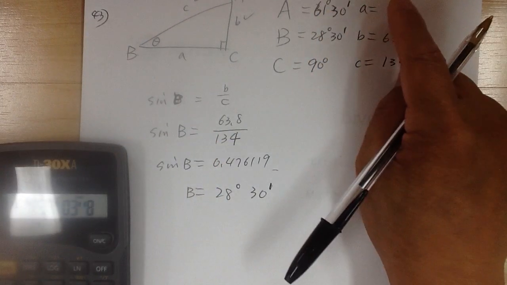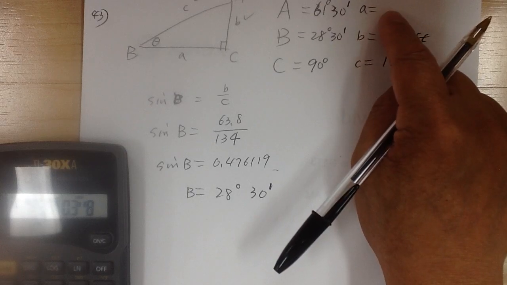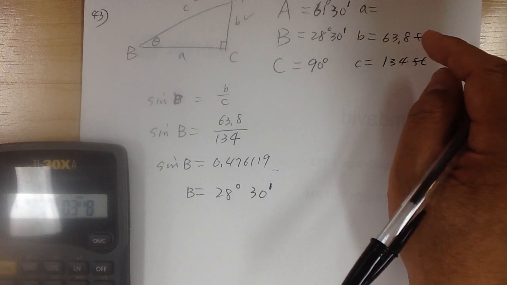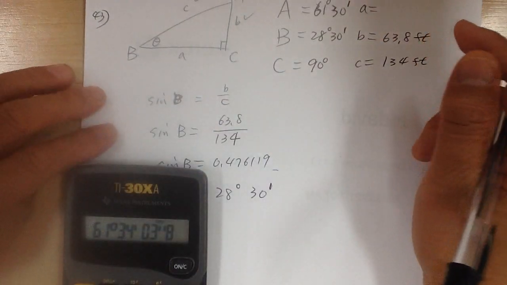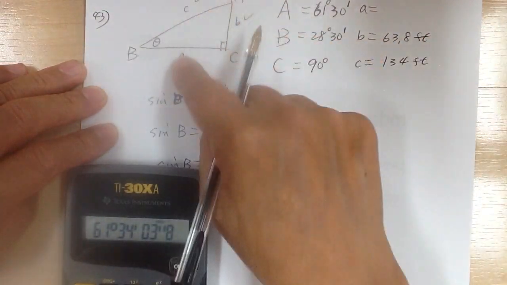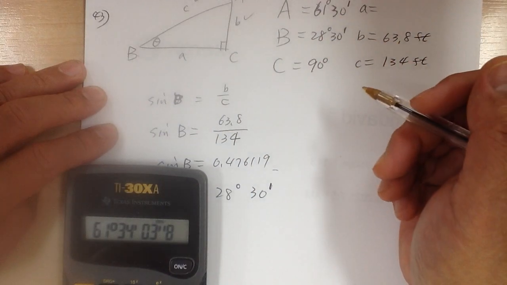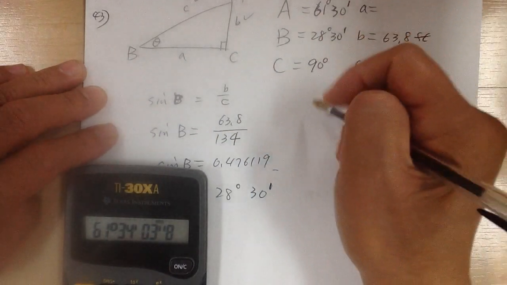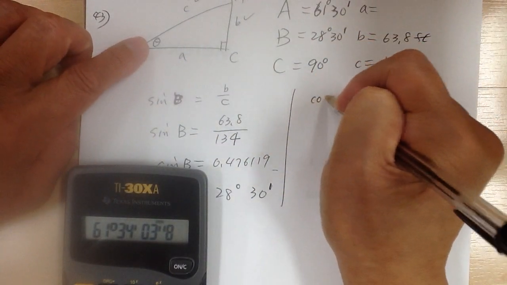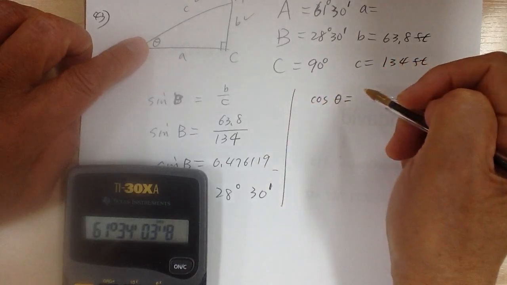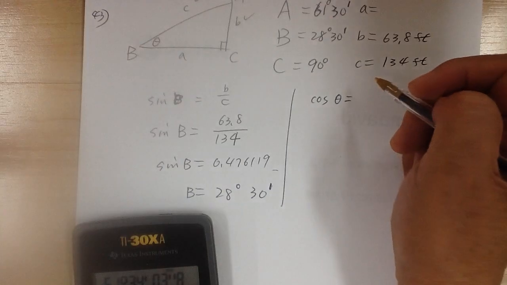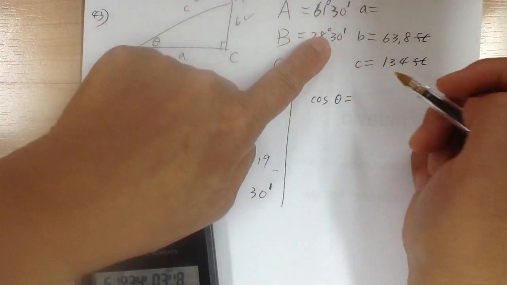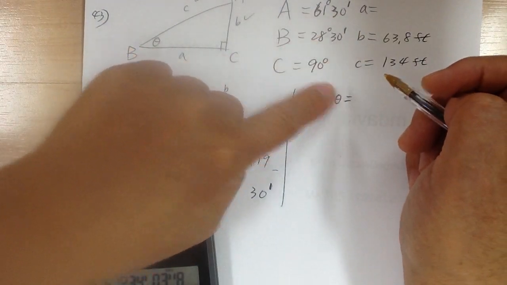But we still have to look for the small a. Now to look for small a, I guess you can use the Pythagorean Theorem, or you can use the cosine function. But that's probably not a good idea because this number is already off a little bit, so it might affect the answer a lot.